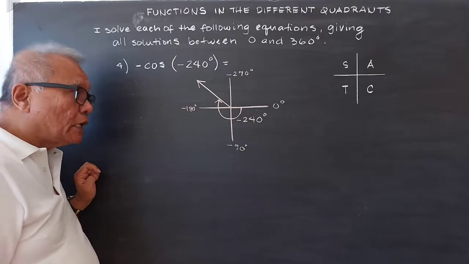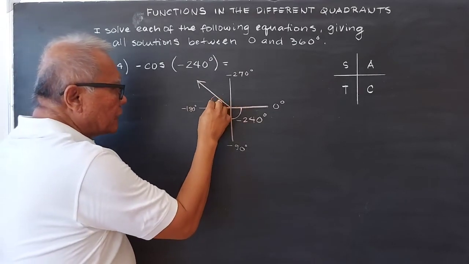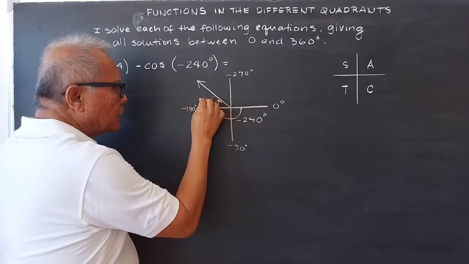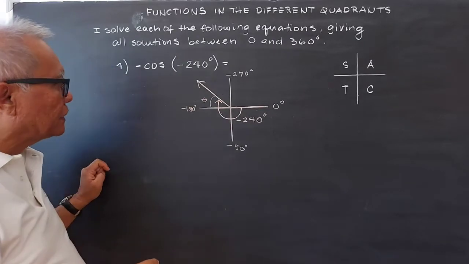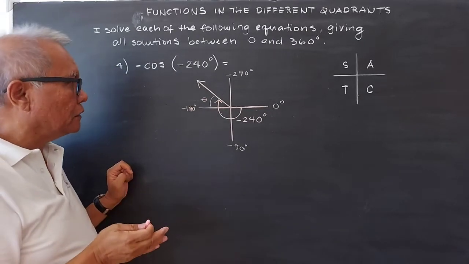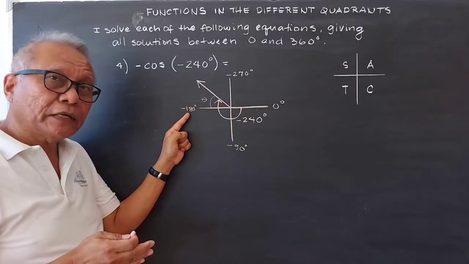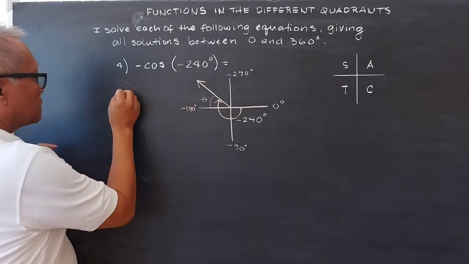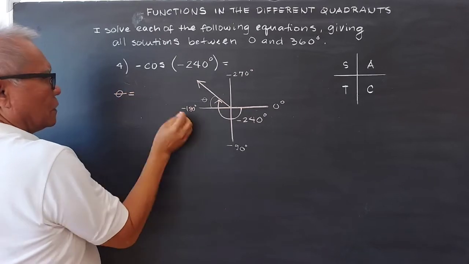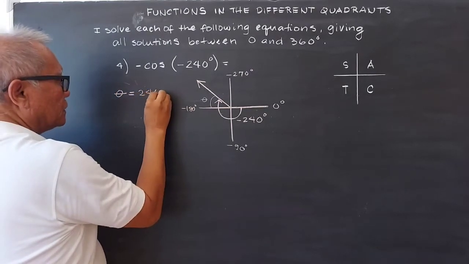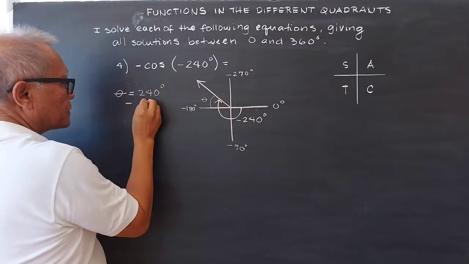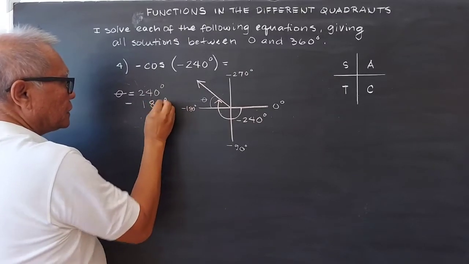After that one, find the angle theta, the related acute angle. We have the 240 and subtract the 180 degrees. So for theta, we have the 240 minus the 180 degrees.